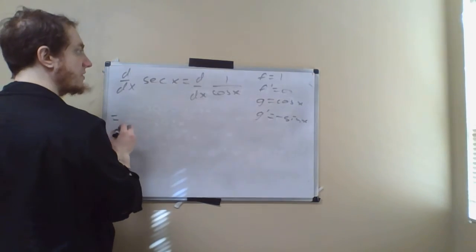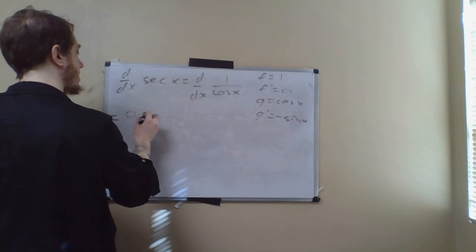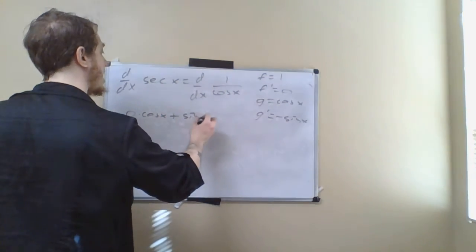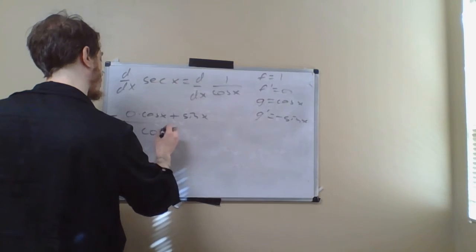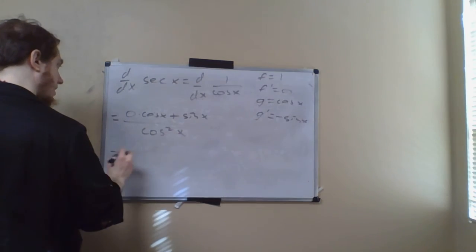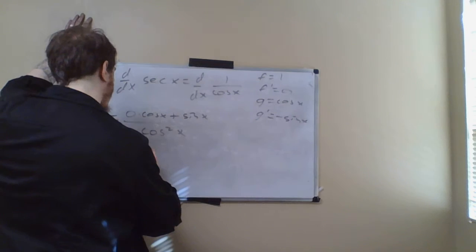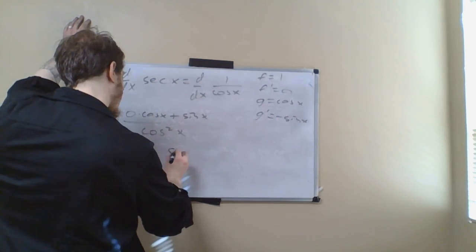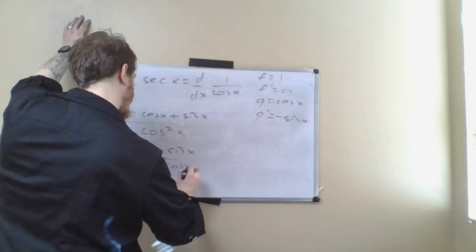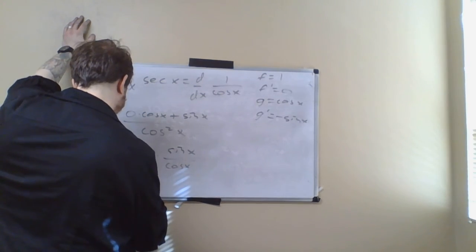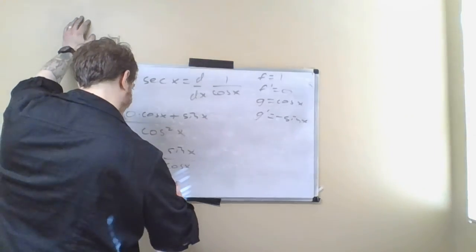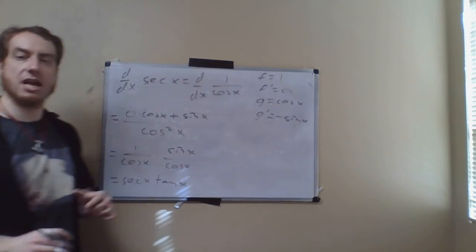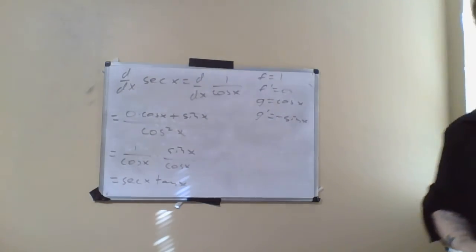So my derivative is going to be 0 times cosine x plus sine x divided by cosine squared x. So this is going to become 1 over cosine x times sine x over cosine x, which is secant x tangent x.